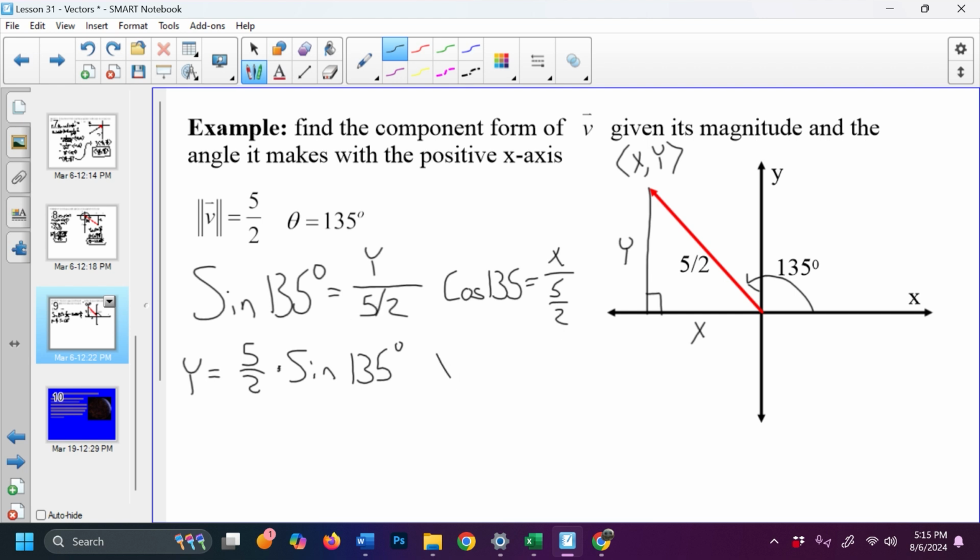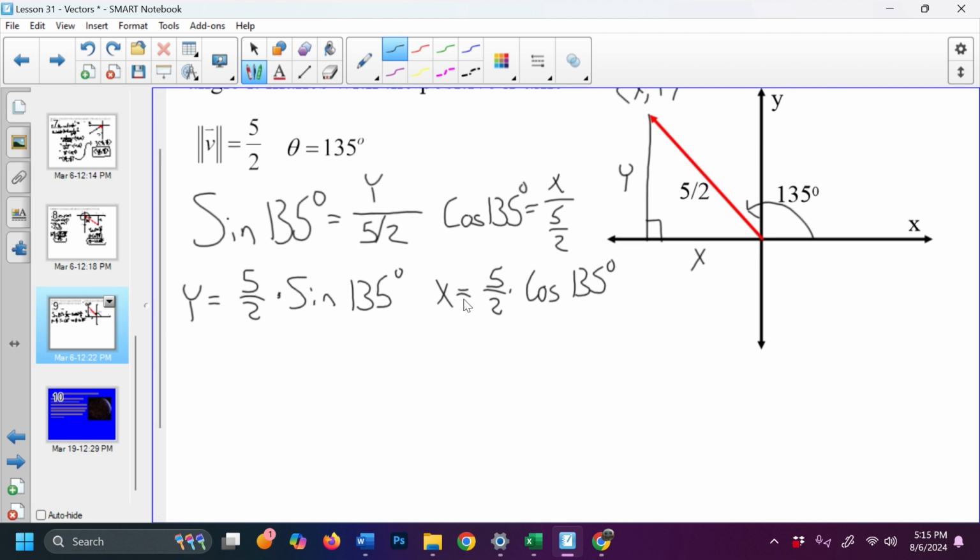And then x will be equal to 5 halves times the cosine of 135. Now, the good news is that 135 is already on the unit circle. We know it. The sine of 135 is square root of 2 over 2. The cosine of 135 is negative square root of 2 over 2.